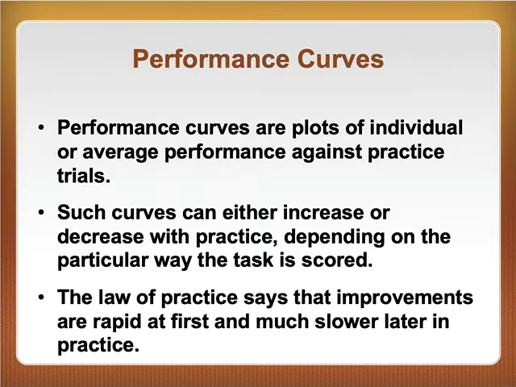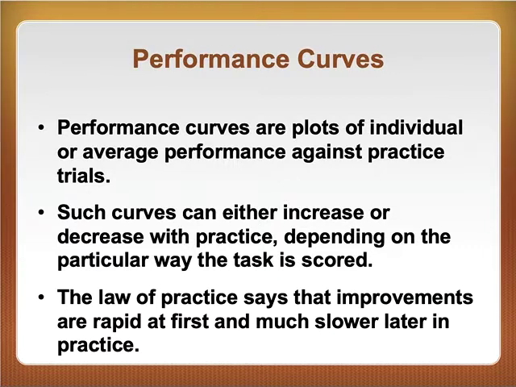Also, there is a law of practice that says improvements are rapid at first and then slow later on. So when somebody's first learning to do something, they're really mastering some of those bigger skills. So you see that really big improvement jump from not knowing how to shoot a basketball to at least knowing the correct form to shoot a basketball. Then once they've been doing that for a while and their form is pretty good, you will still see improvements, but they'll be much smaller because it's not as dramatic of things that they're learning.